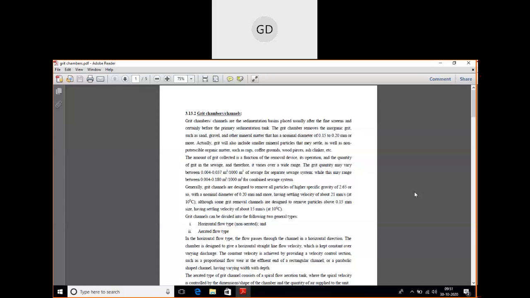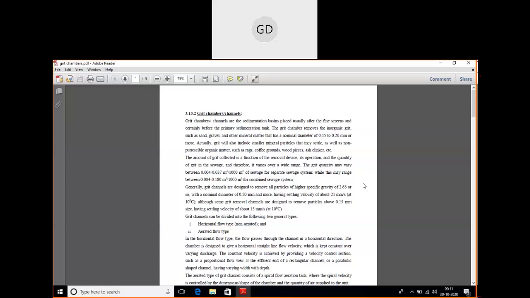Just now we have read about the screens. So these grit chambers are placed after your fine screens and certainly before the primary sedimentation tank.